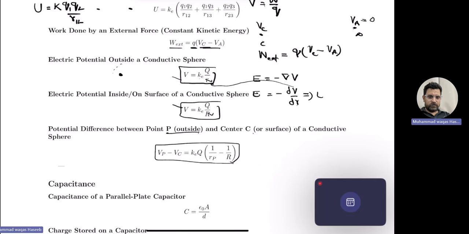E will be negative d over dr of kq over r. kq is a constant, so it is the derivative of 1 over r, which is negative 1 over r squared. So negative kq times negative 1 over r squared, and this will be positive. So kq over r squared, which is the electric field due to a point charge.